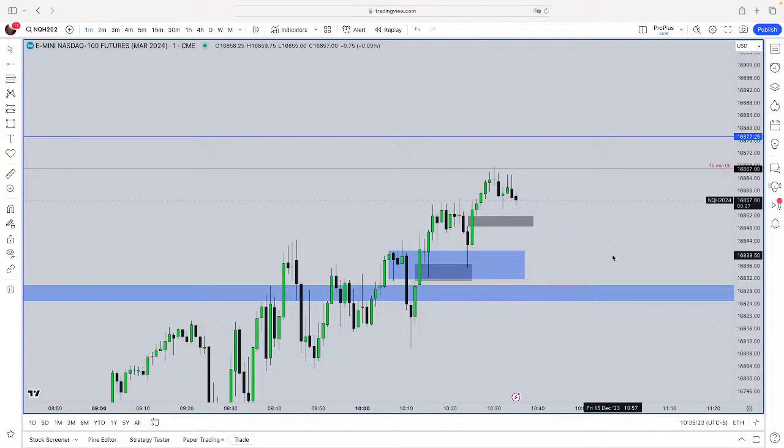Yeah, so always buy in a discount, sell in a premium. Those are definitely the key things.